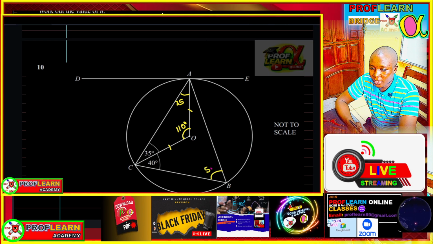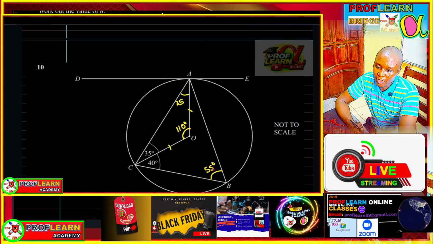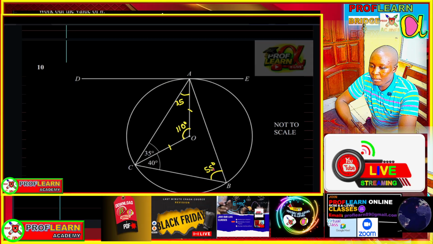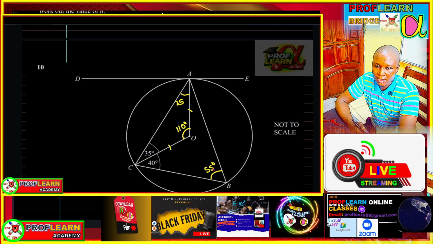Then this angle that we have here is going to be 55, because the angle at the center is 2 times the angle at the circumference. Since angle O is 110, then angle B is going to be half of that.